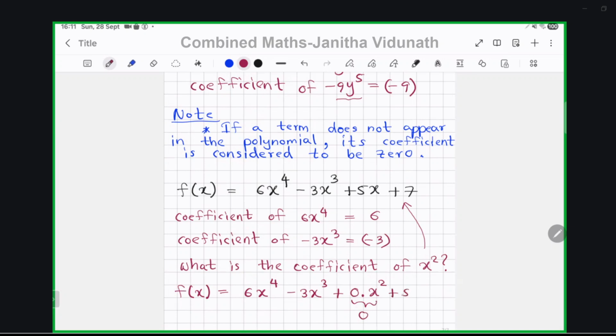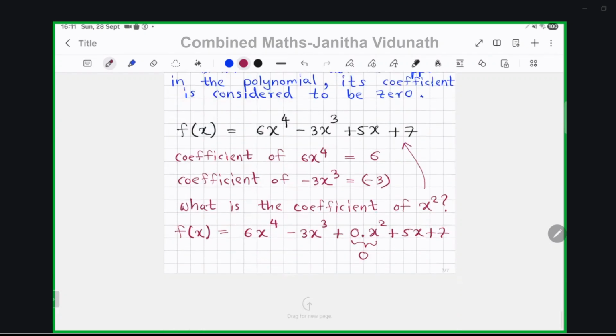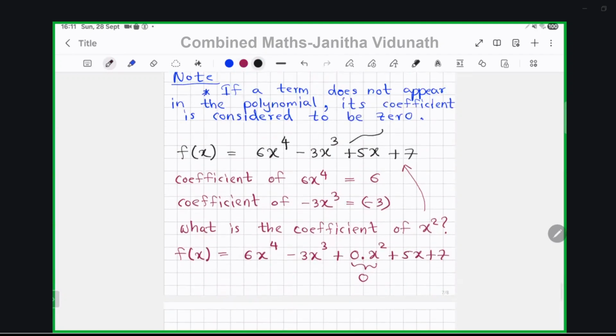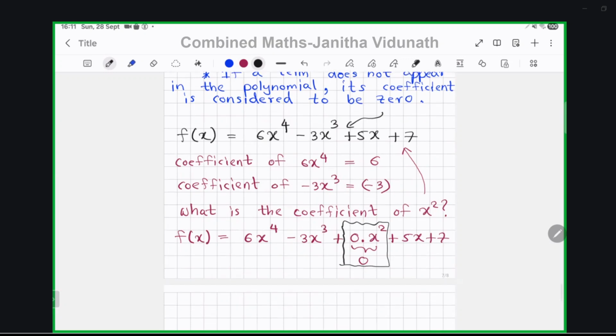In the given polynomial there is no term with x to the power 2, but we can write a term with x to the power 2 by multiplying it with 0, because 0 times some number is 0.